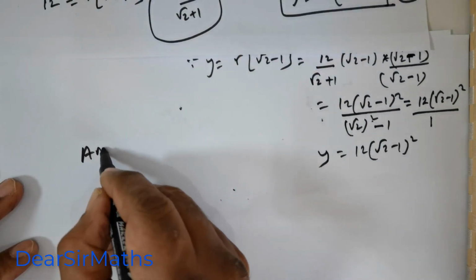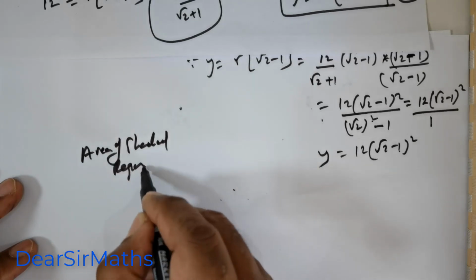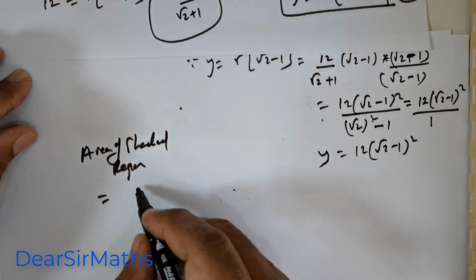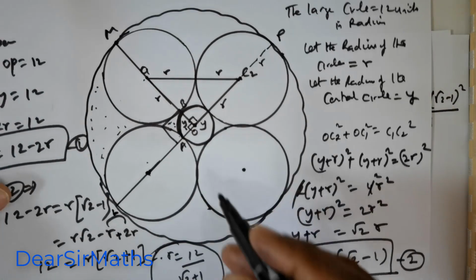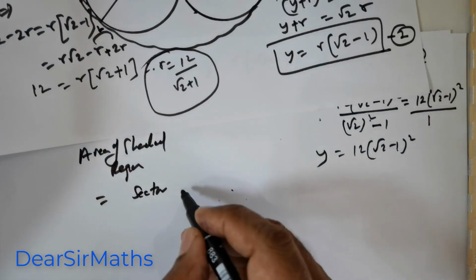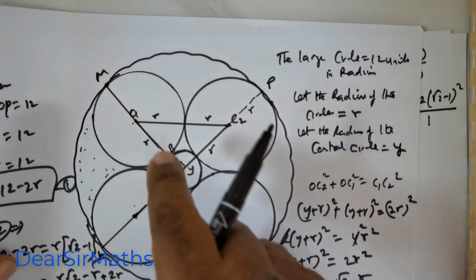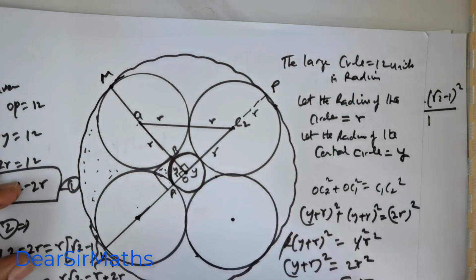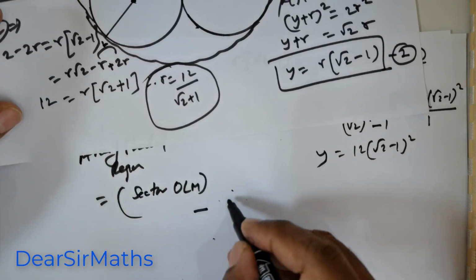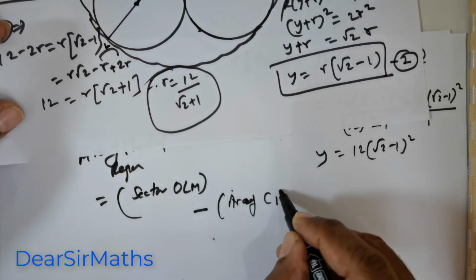So the area of the shaded region is equal to sector OLM. From OLM we subtract the area of the first circle. We need to subtract this area of this first circle. So area of C1, that has to be subtracted.